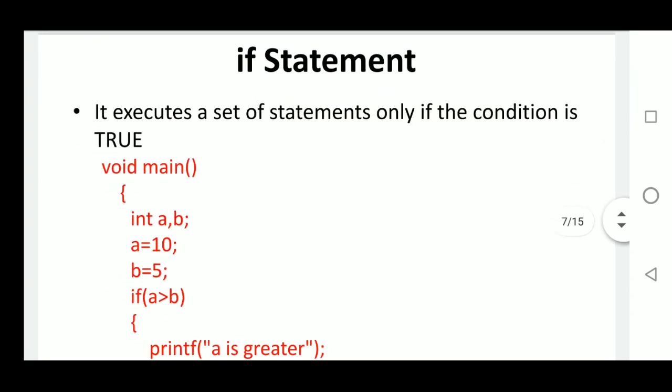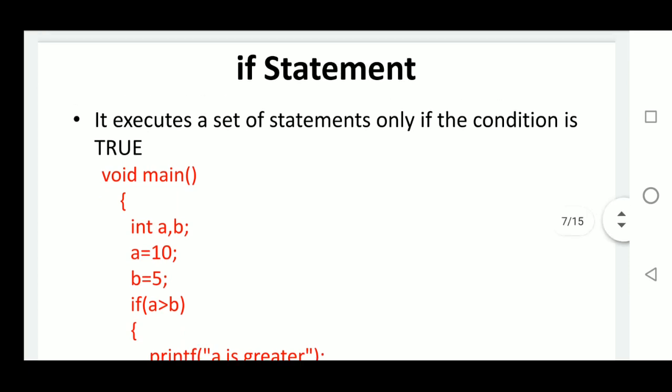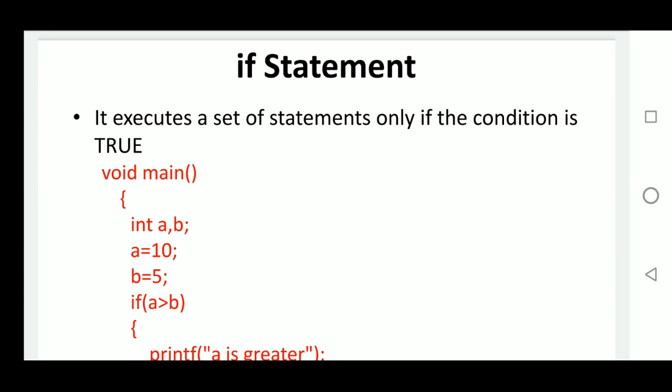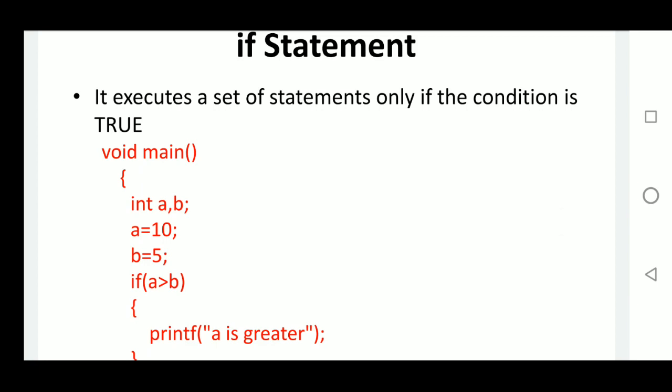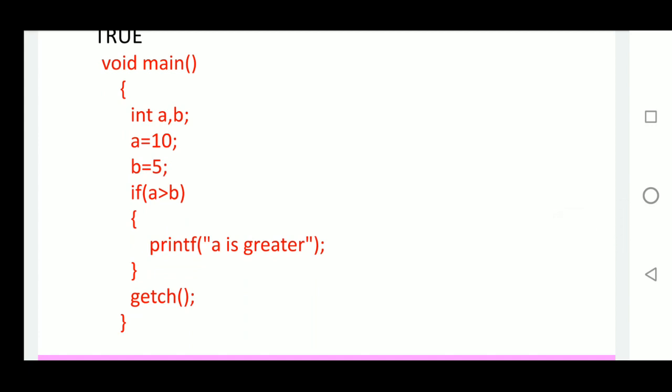Now we have to see the if statement. It executes a set of statements only if the condition is true. In an if statement, only the statements will execute if the condition is true. If the condition is not true, no statements will execute. Here the program is given: integer a is 10, b is 5.